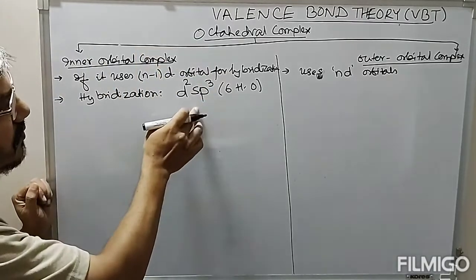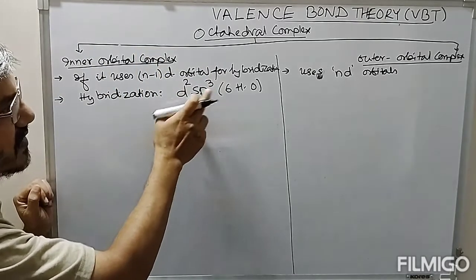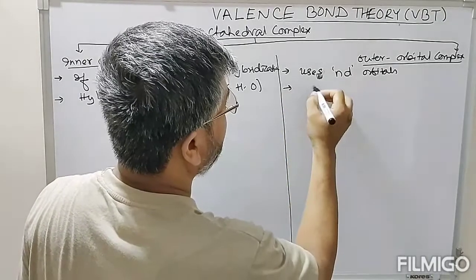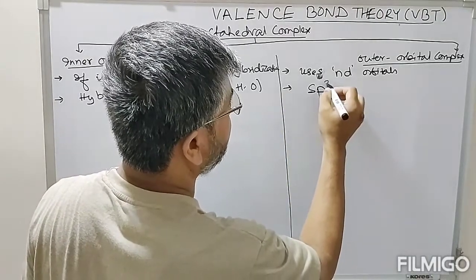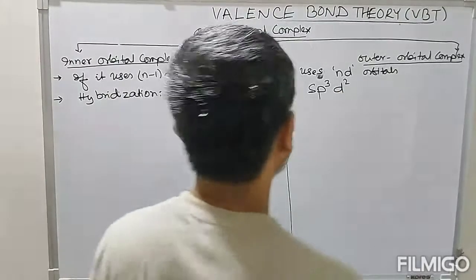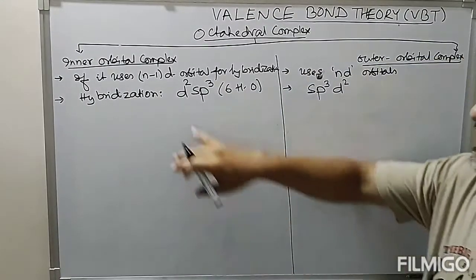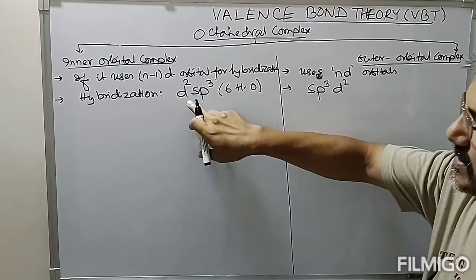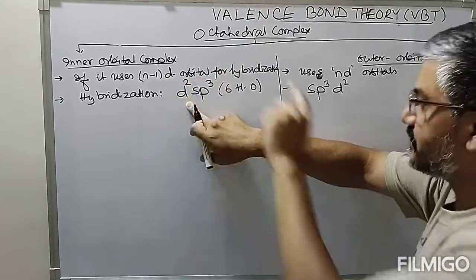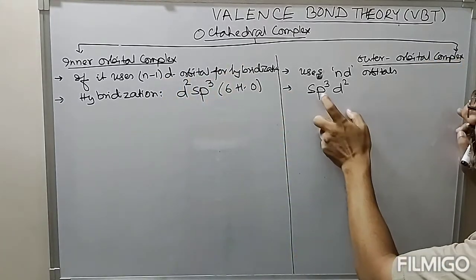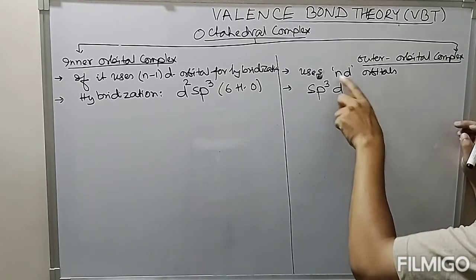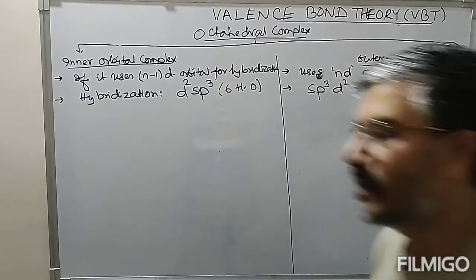In inner orbital complex, we use d2sp3. Outer orbital complex is sp3d2. So look at the difference in writing the hybridization. If I say d2sp3, this means the (n-1) d orbital, inner orbital. If I say sp3d2, this means the outer shell orbital, the valency shell nd orbital that is used.